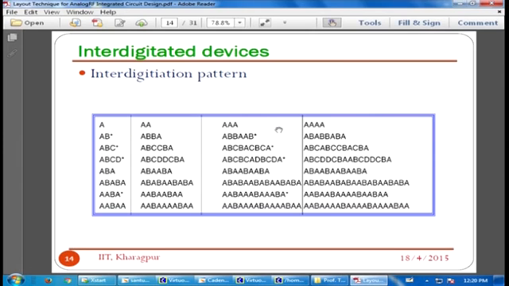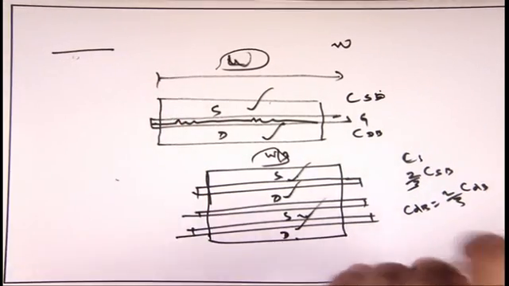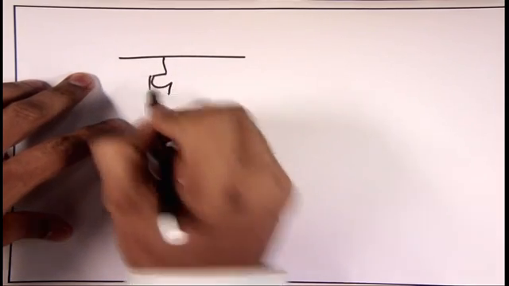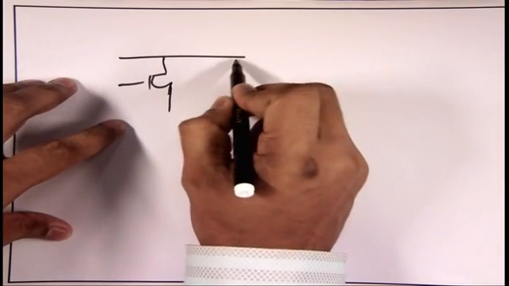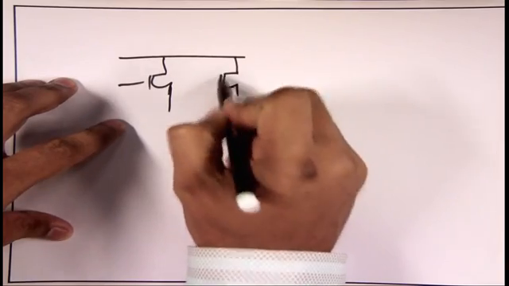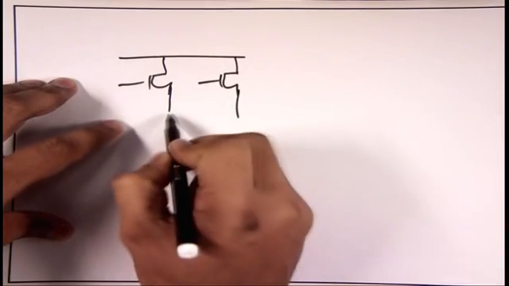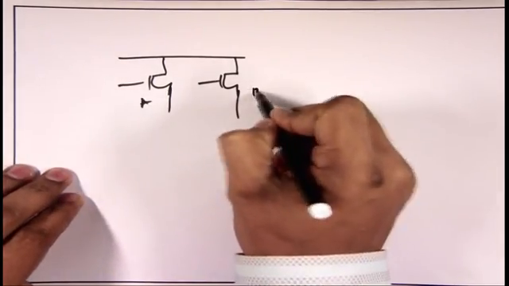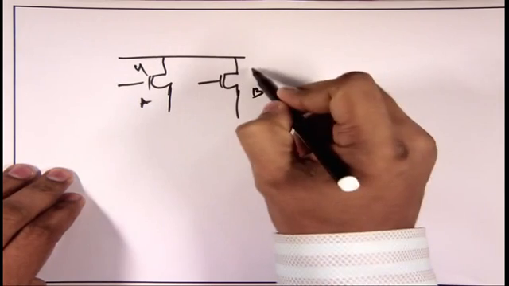Suppose this is two transistors, transistor A and transistor B. Suppose it is 4 finger, and this is also 4 finger.